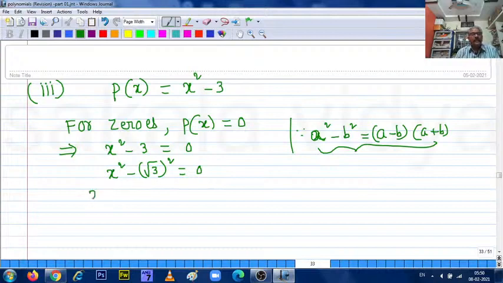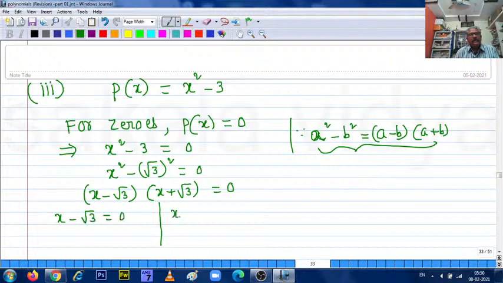We can write it as x minus root 3 into x plus root 3 equals to 0. Now we get x minus root 3 equals to 0 and x plus root 3 equals to 0. So we get x equals to root 3 and x equals to negative root 3.